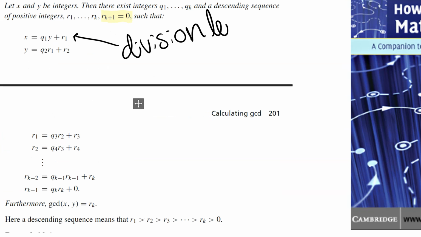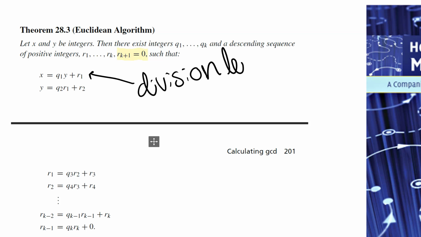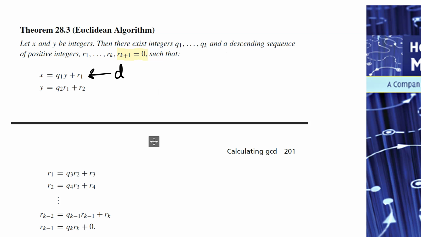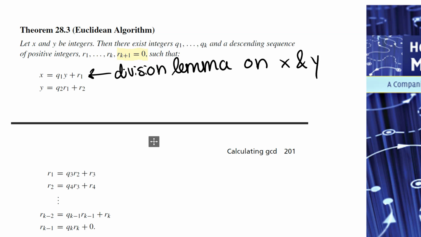So we start off with our division lemma. We apply division lemma. Let's zoom in. We apply division lemma, but on who? Well, on x and y.